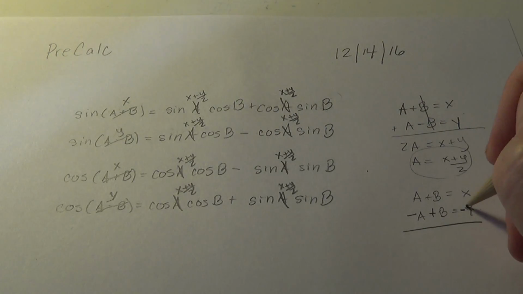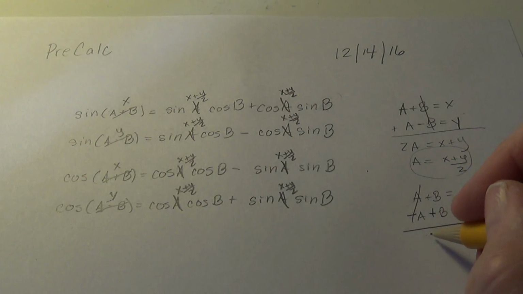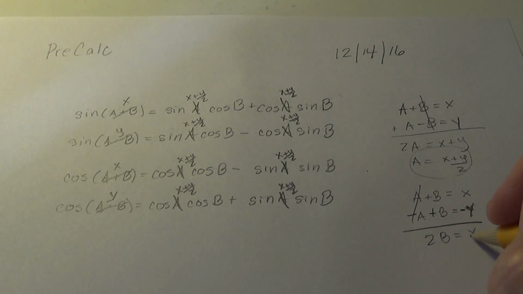Alright, so now I'm going to add those. This time I get 2b equals x minus y, or b equals x minus y divided by 2. Alright, so now wherever there's a b, I'm going to put in an x minus y divided by 2.